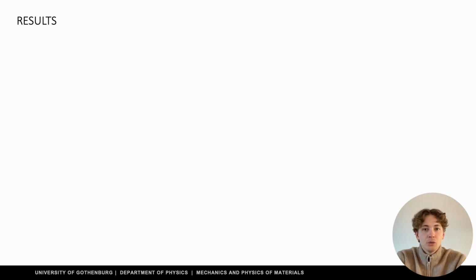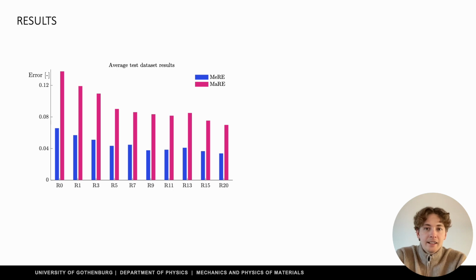Then moving on to the results of the study. Here we see that adding random rotations increases the model's accuracy. By progressively increasing the number of random rotations from R0, with only the original data, to R20, which is a dataset 20 times as large with 20 rotation matrices, we observe a clear decrease in our error metrics.